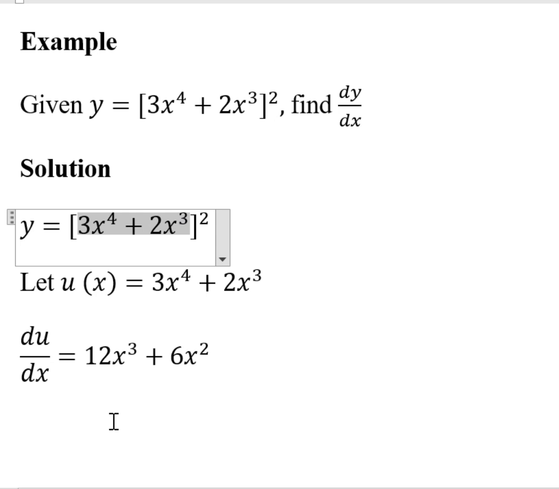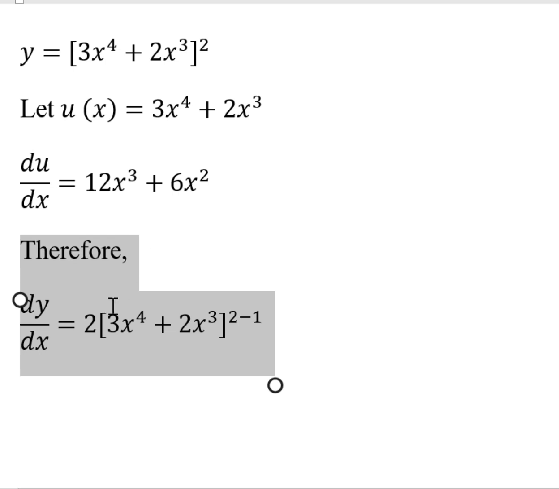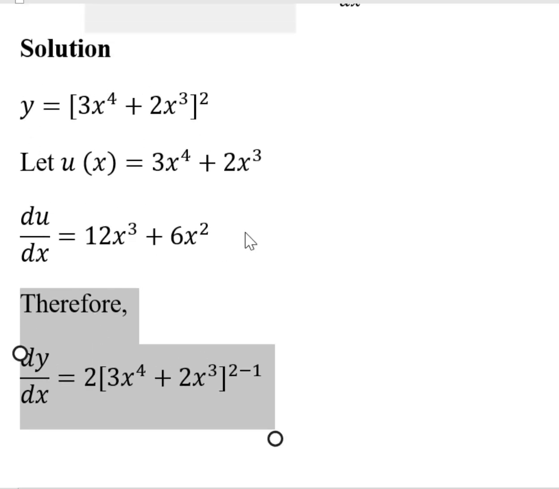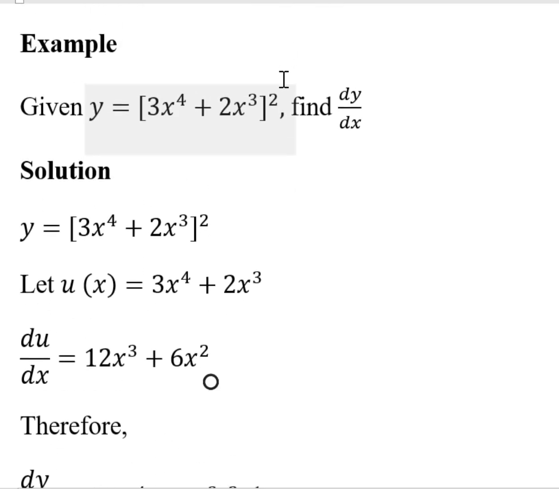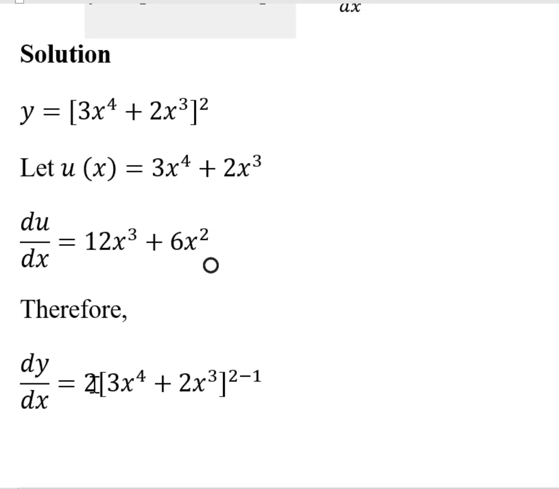So we now write the derivative of the whole of this function as follows. dy over dx will be equal to, as we have said up here, you bring the power and multiply by it here, and then we shall subtract 1 from the power. So we have 2, brought from here, multiplied by the whole of this function, then write the whole function, subtract 1 from the power.